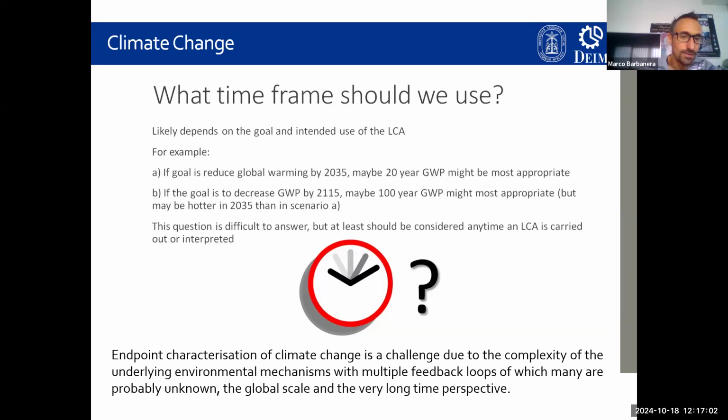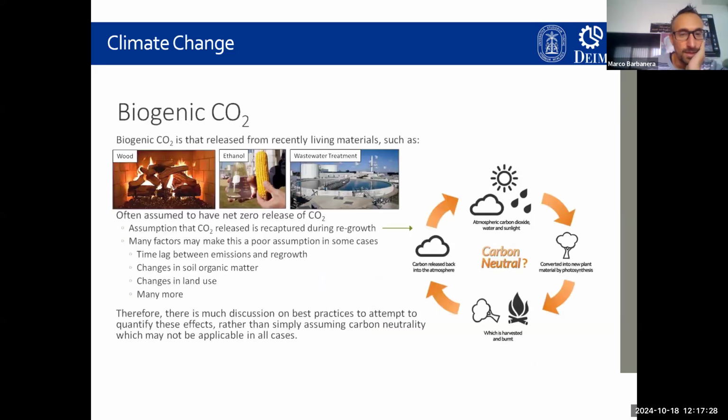But if the goal is to decrease global warming potential by 2115, maybe the 100-year global warming potential might be most appropriate. So we have to choose the time frame according to the aim of the study.